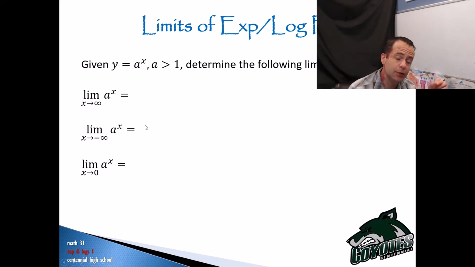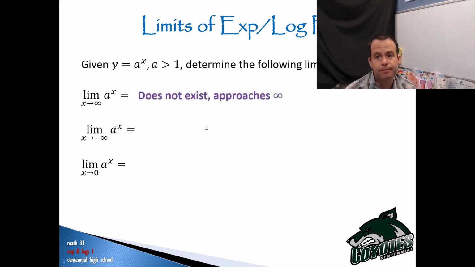As I continue to put a big number in for x, my answer is just going to come out to be bigger and bigger and bigger, okay? So it approaches infinity. But if I put negative infinity in for x, that's going to approach 0. That was one of the conversations we've had previously. And if I'm putting 0 in for x, that limit will approach 1. So those ones should all feel relatively comfortable for you, okay?